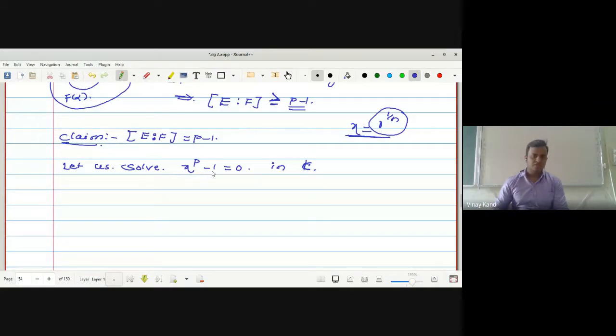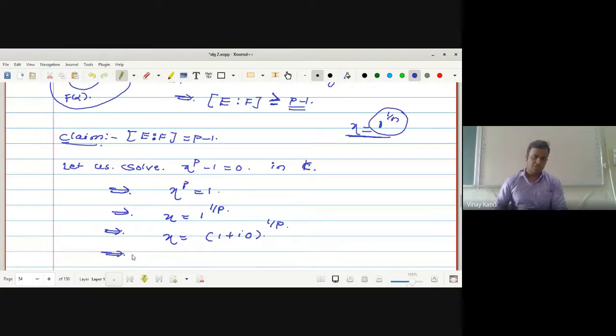x raised to p minus 1 is equal to 0 in C. To find all the roots, this implies x raised to p is equal to 1. This implies x is equal to 1 raised to 1 upon p, so x is equal to (1 plus i0) raised to 1 upon p.